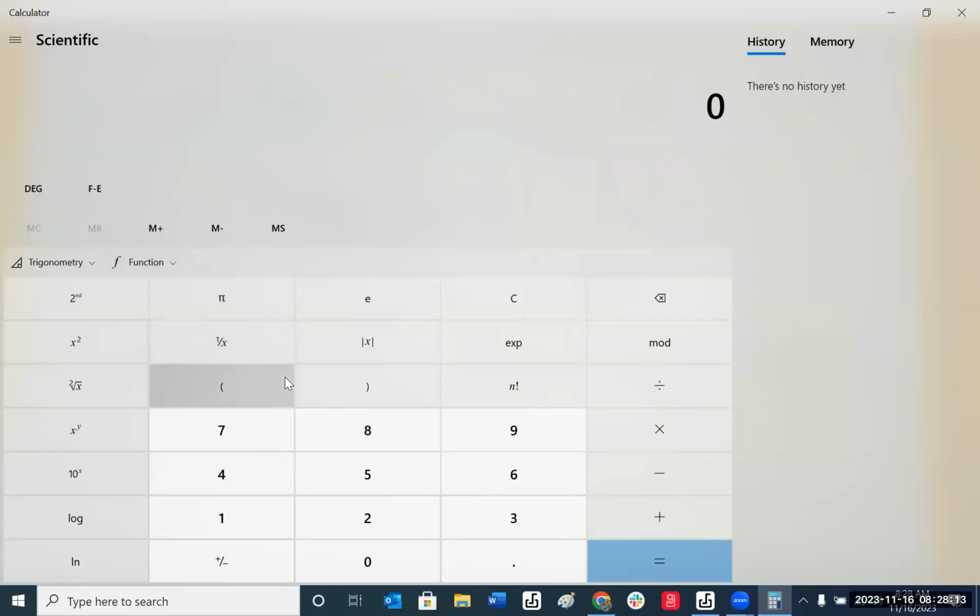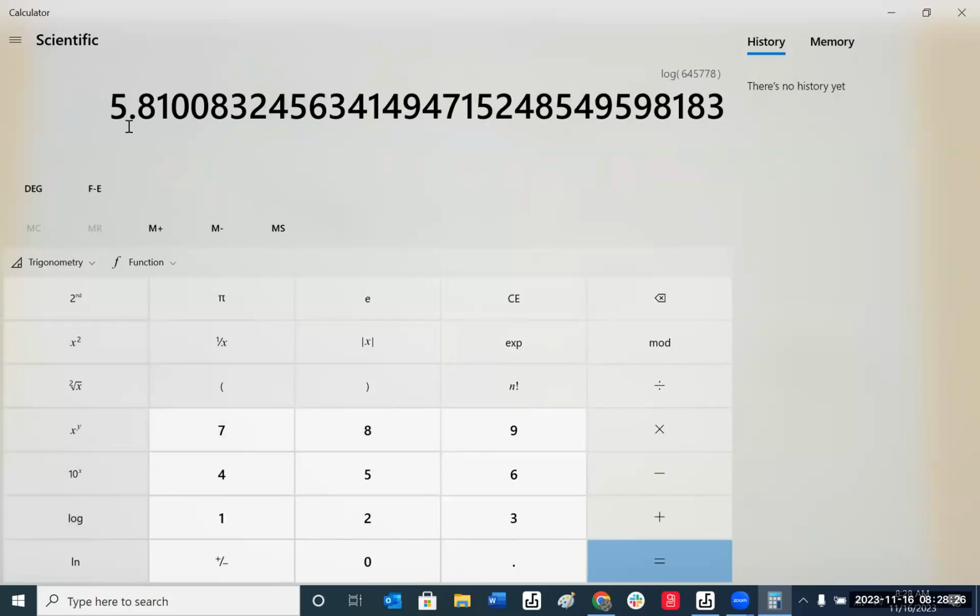So the way you do these is just type in the number first, and then take the log of it. And there's the answer. And what does that number represent?